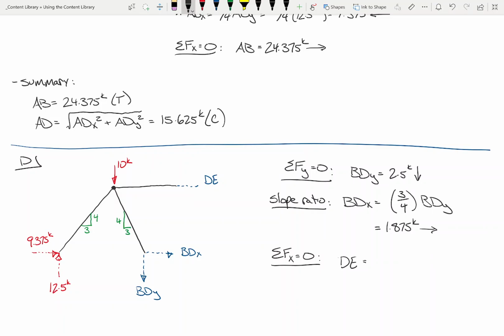So what do we have going horizontally? We have 9.375 to the right, but we also have this to the right, which is this. So we have that and that going to the right, which means we need something going to the left. And what is that going to the left? 11.25. Does everybody see that?